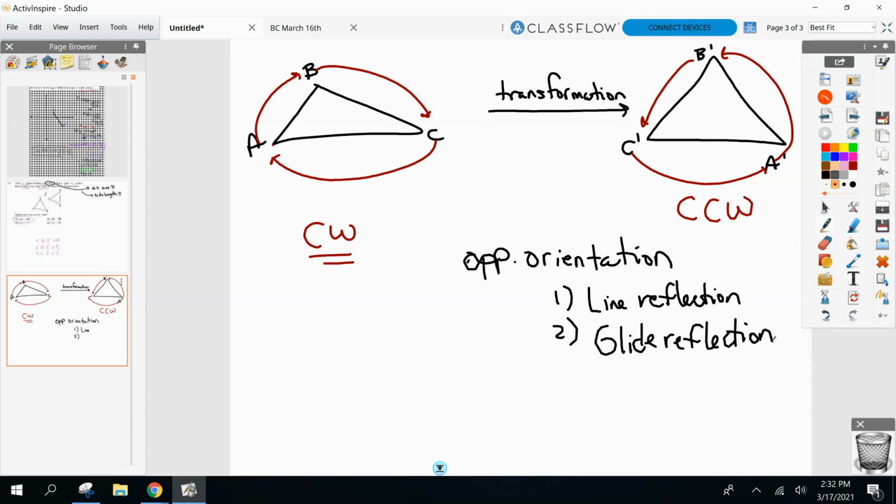So these are the only two that would cause two figures to have opposite orientation. Everything else, rotations, translations, dilations, would have same orientation. Just make sure, again, whatever letter order you pick, it's the same for both figures.